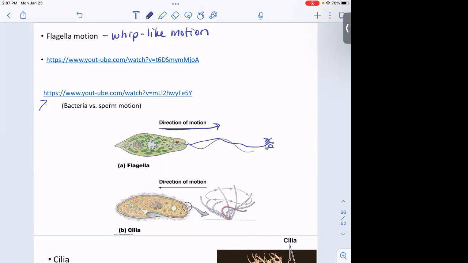So I would encourage you, don't memorize that bacteria move in rotation and eukaryotes move in a whip-like way. You should just be able to reason it out, because cilia, another structure that we'll talk about next, have the same structure as flagella.